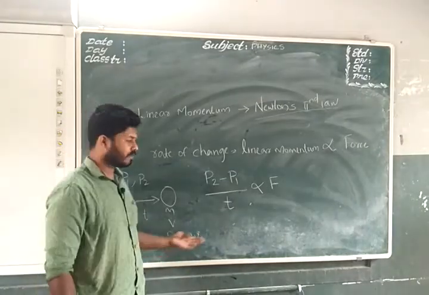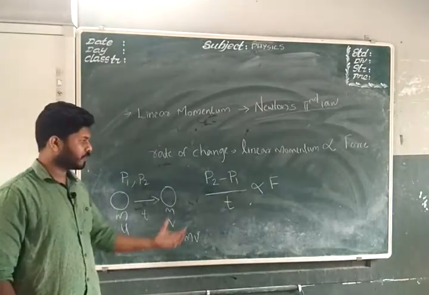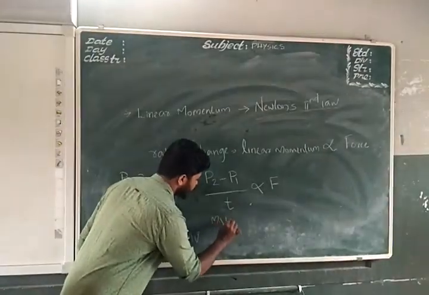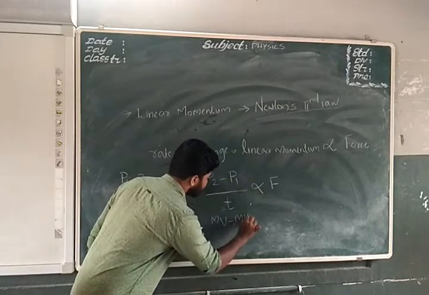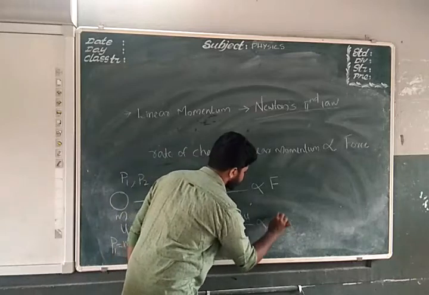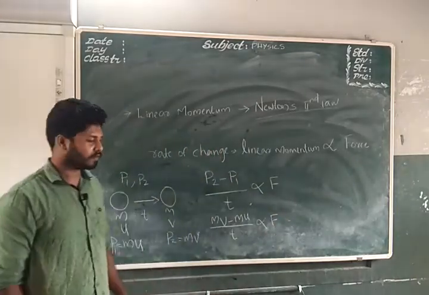Now we can substitute the values of p1 and p2 in this equation. So we will get mv minus mu divided by t proportional to F. What did I do here?